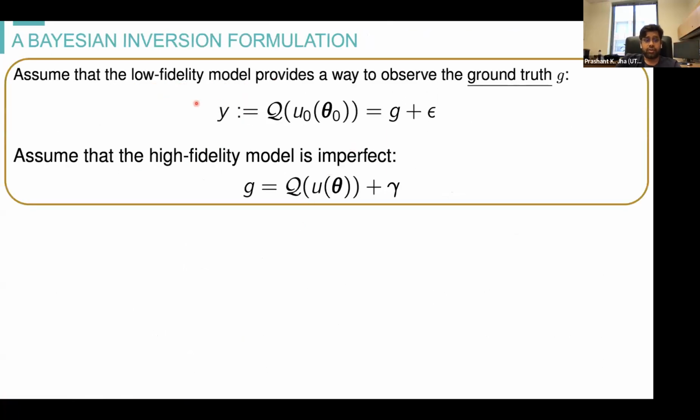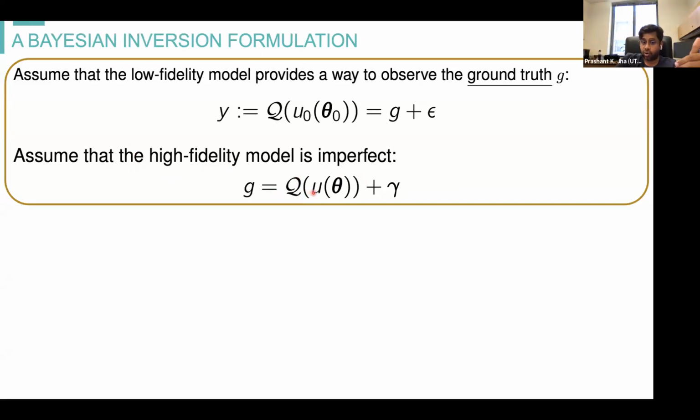Let me now talk about the Bayesian inversion formula to calibrate the high fidelity model using those estimates. So assume that the low fidelity model provides a way to observe the ground truth. Let's say G is the ground truth, and Q of U0, the quantity of interest computed using the low fidelity solution U0, is a way to observe ground truth with some noise epsilon here. And then also assume that the high fidelity model is imperfect.